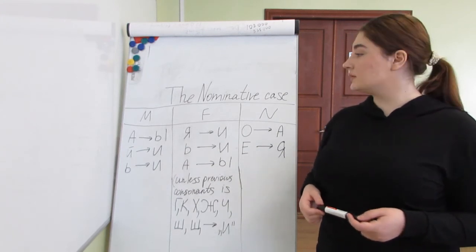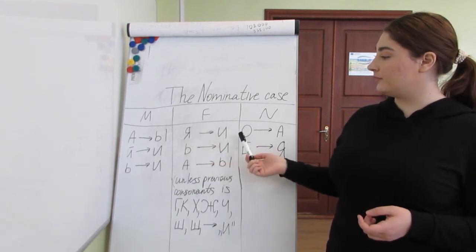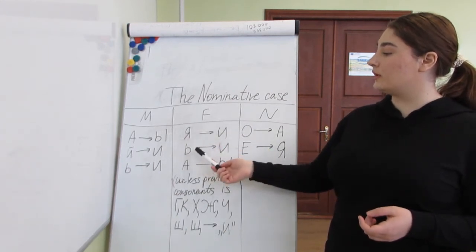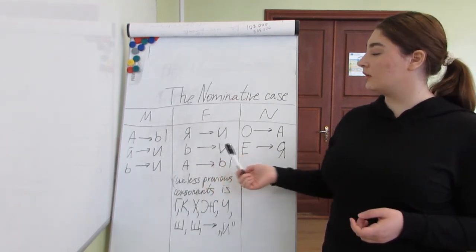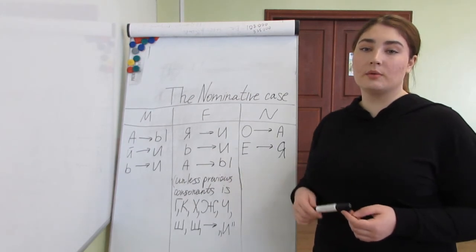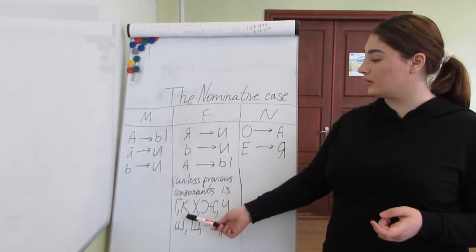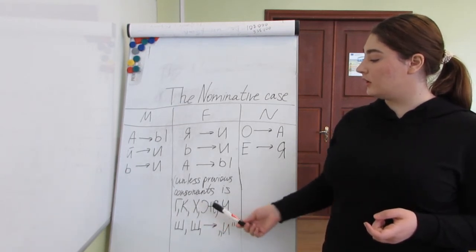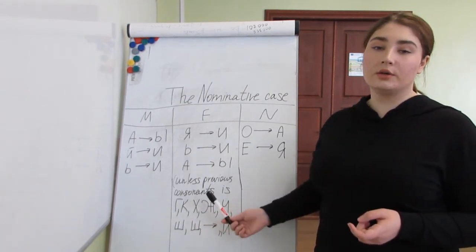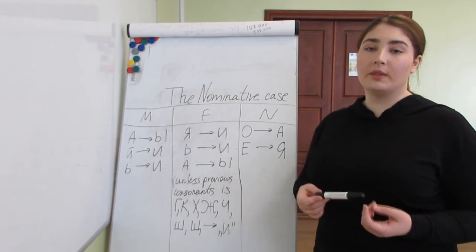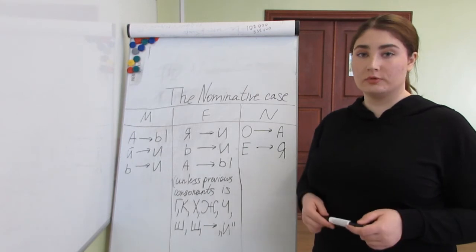For feminine nouns, we replace Я with И, soft sign with И, and А with Ы, unless the previous consonant is Г, К, Х, Ж, Ч, Ш, Щ, then replace with И as per the spelling rules.